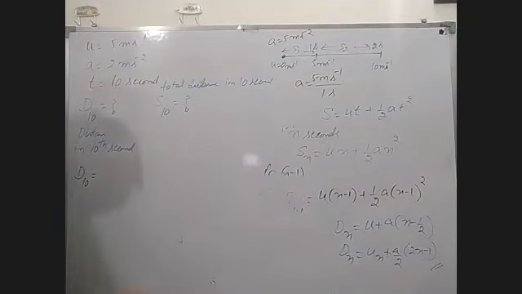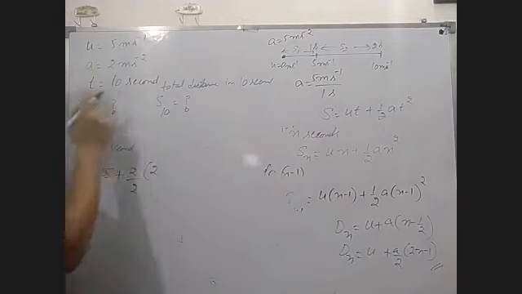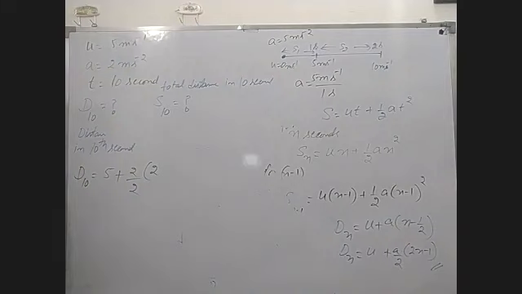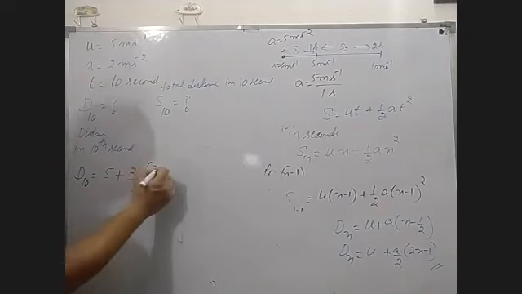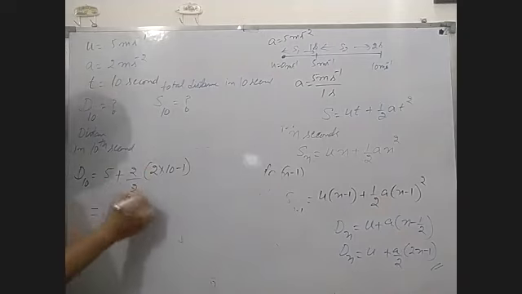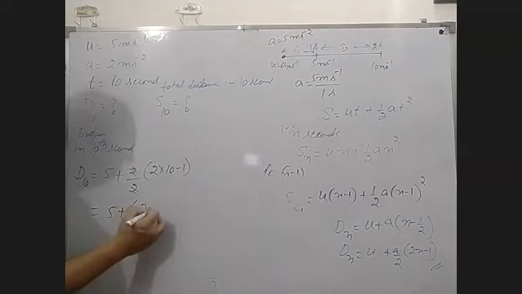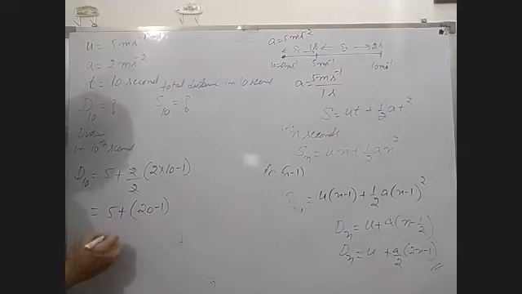What is the value of n? Here it is 10, so 2 times 10 minus 1. Now solve it. 2 and 2 cancel. 5 plus 20 minus 1, 5 plus 19, 24 meters.